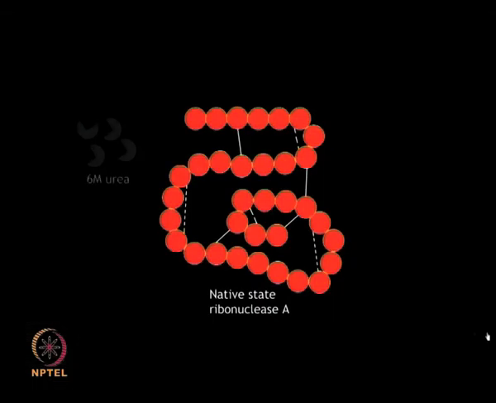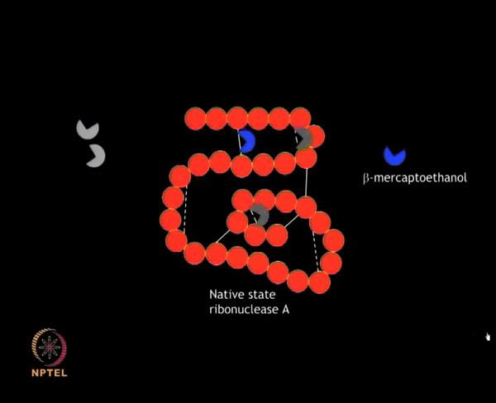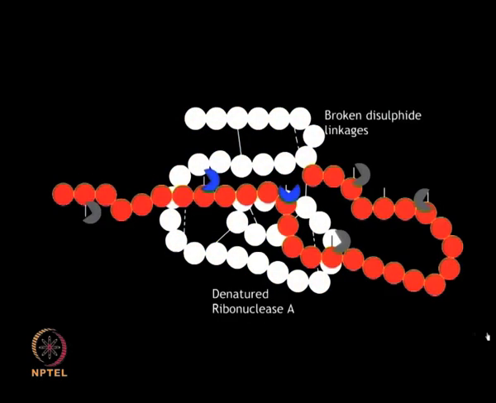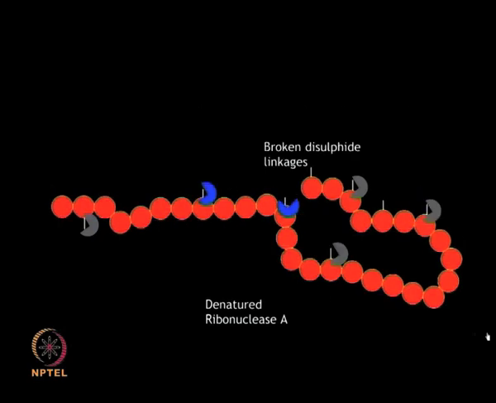In Anfinsen's experiment, ribonuclease A in its native state has 4 disulfide bonds between its cysteine residues. When treated with ß-mercaptoethanol and 6 molar urea, the protein undergoes denaturation and the disulfide linkages are broken. The enzyme activity is lost in its denatured state.